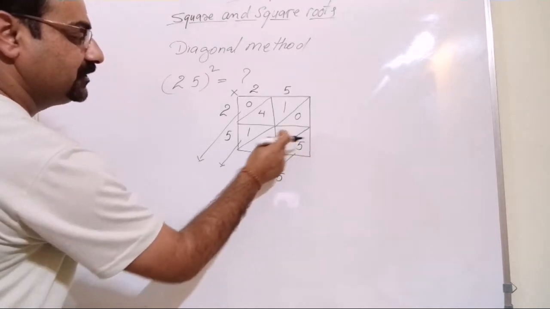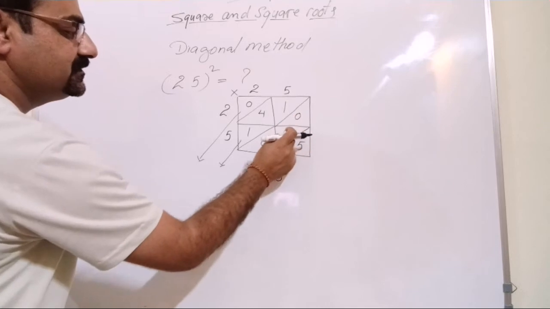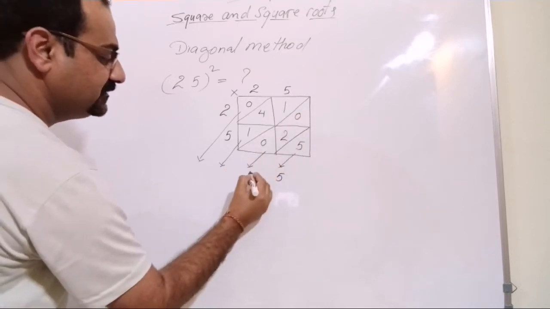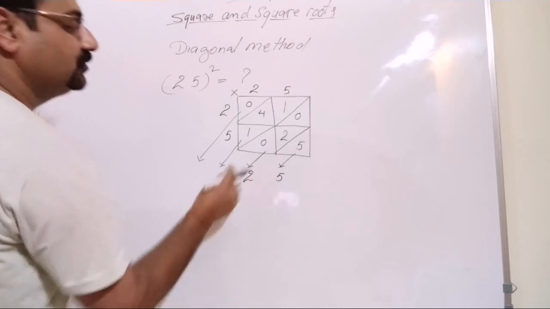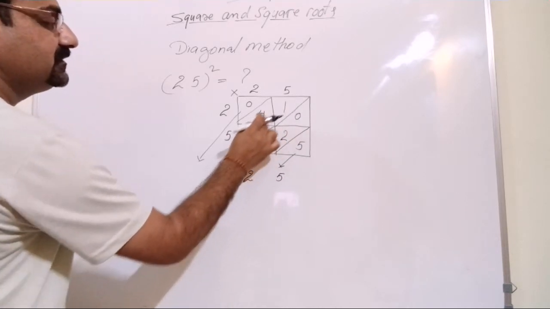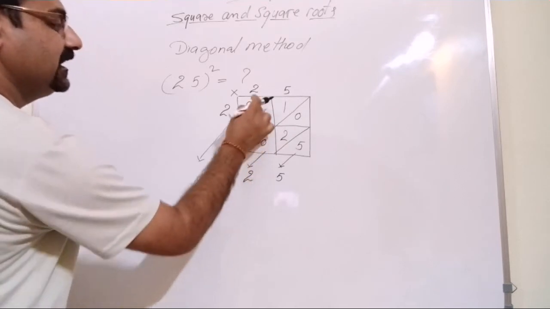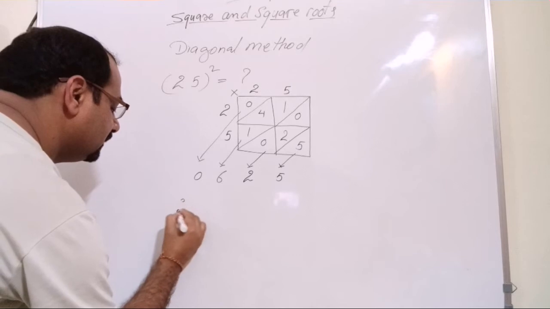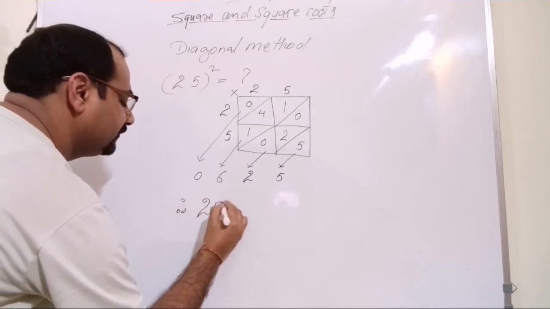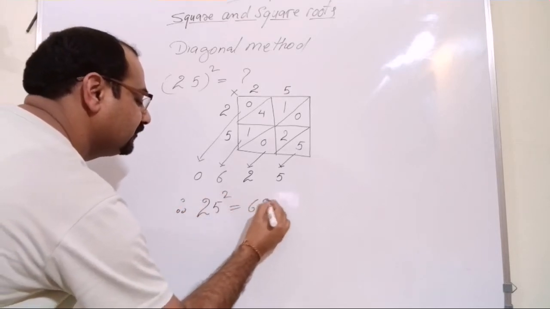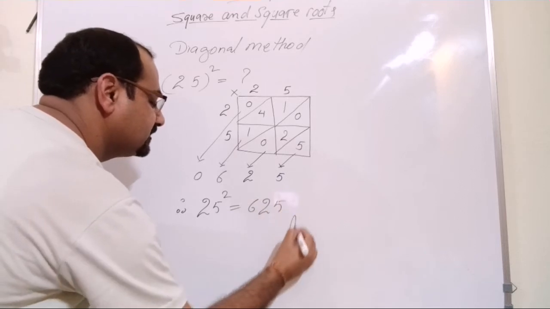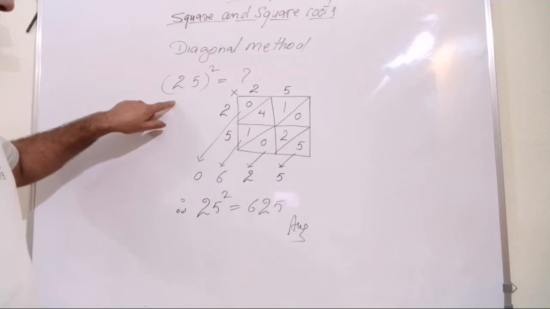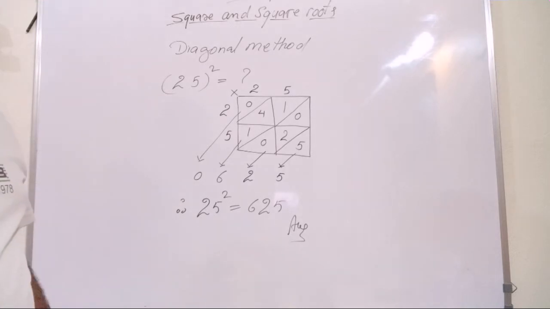Next the digits 2, 0, 2 add up to 4 and then 1, so 2 and 1, 4 and 1 gives 6, and 0 as it is. Therefore the square of 25 is equal to 625. So beta, this is the answer by the diagonal method.